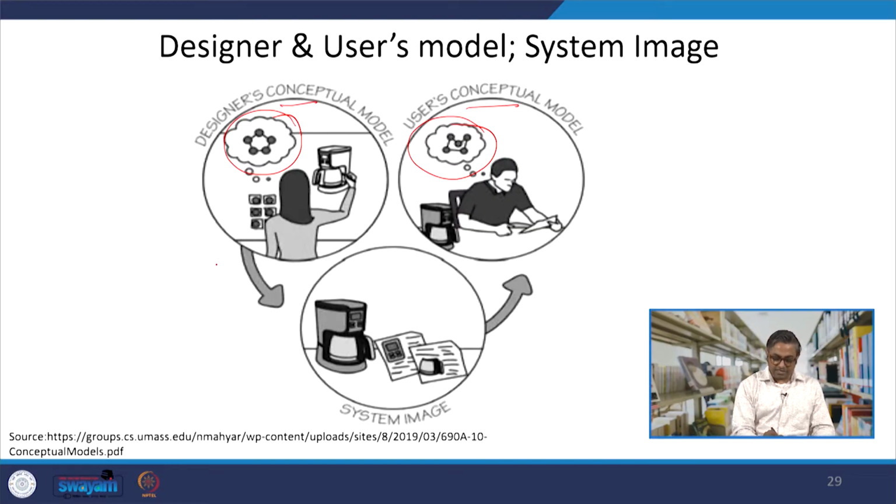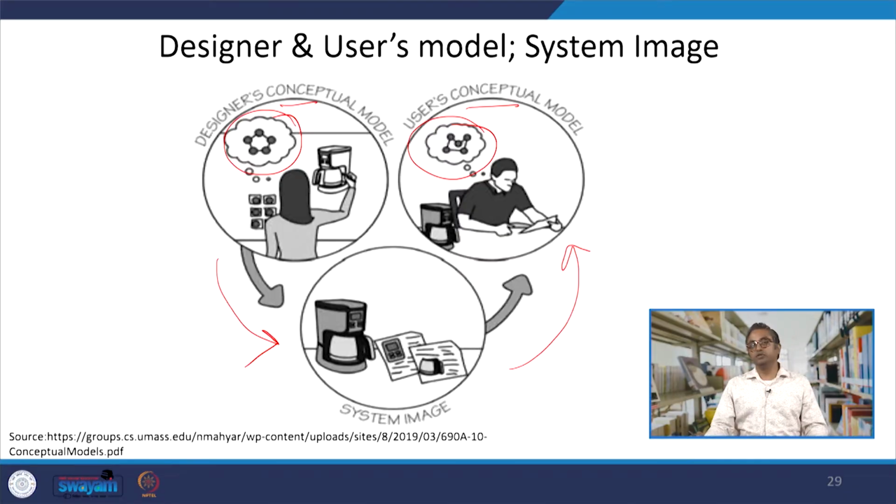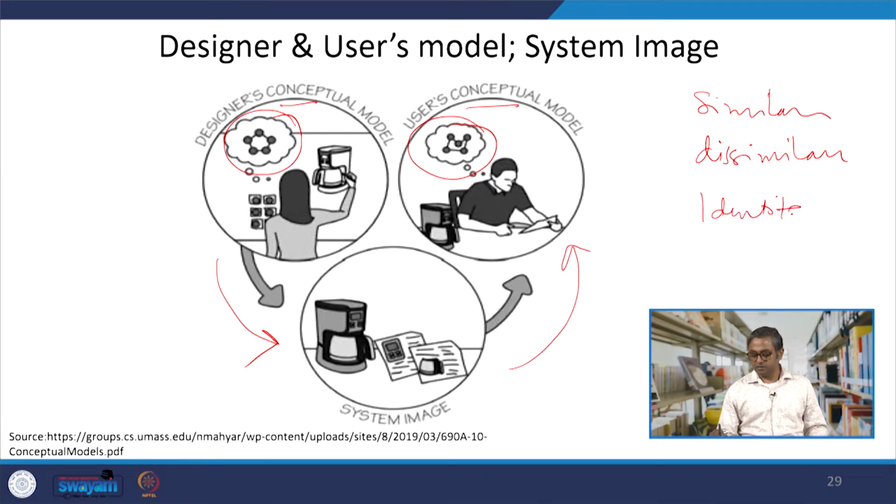A designer is designing something, and this model seems to have similarity with the user. Now, a model can be similar, can be dissimilar, but cannot be identical. It cannot be identical in nature.